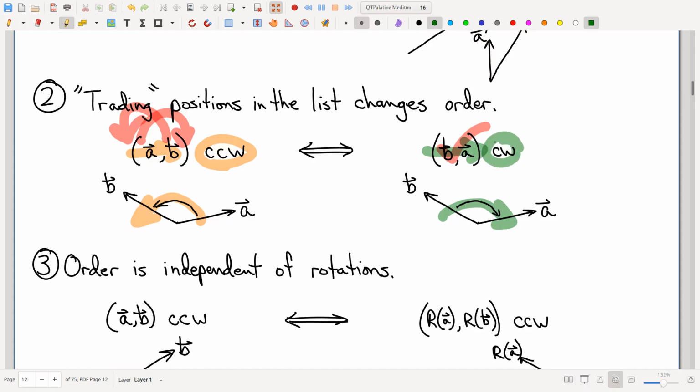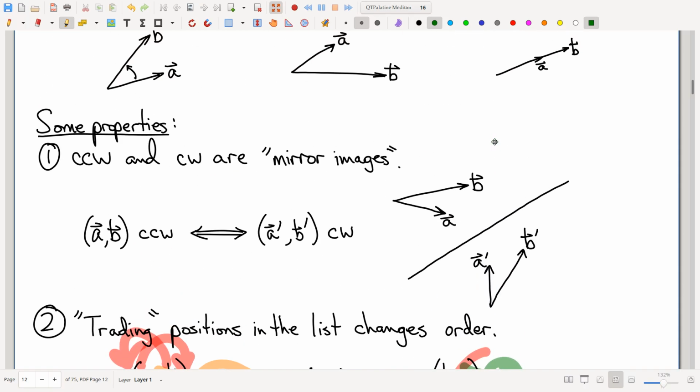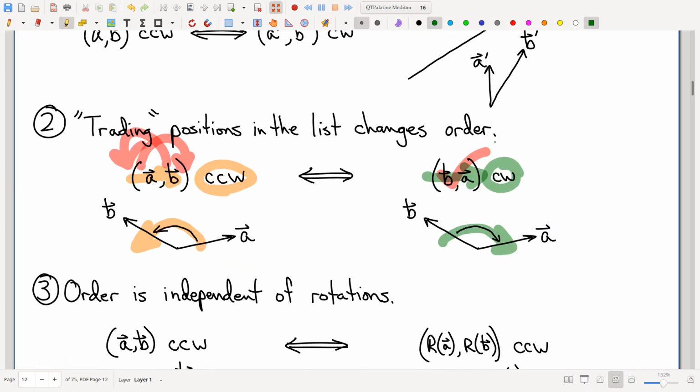So nice, another little natural property to keep in mind: when you trade the positions of those two vectors, that changes the order. So reflecting changes the order. Trading positions in the list changes the order.